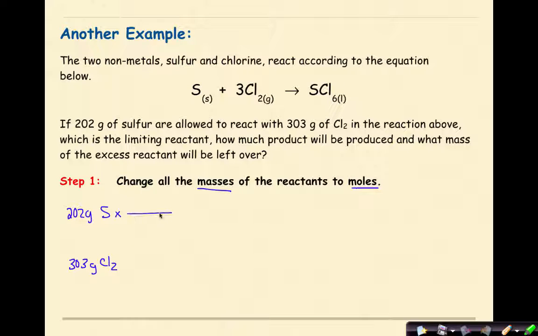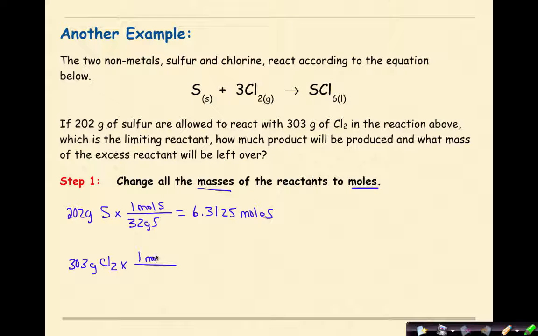And I'm going to say that the atomic mass of sulfur is 32 grams of sulfur in 1 mole of sulfur. And when I work this out, I'm going to get 6.3125 moles of sulfur. And then I'm going to do the exact same thing down here.